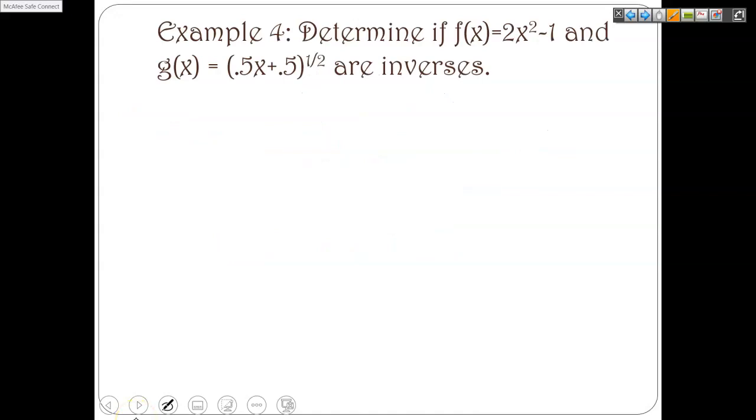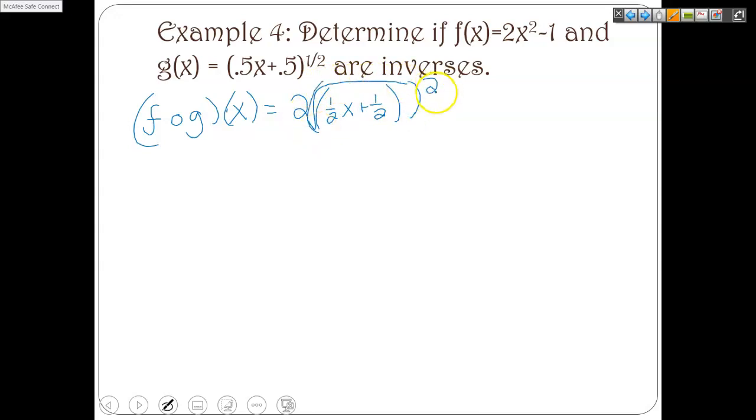f of x equals 2x squared minus 1, and g of x equals (1/2 x plus 1/2) to the 1/2 power. So, f of g of x equals g being plugged into x. Remember, 1/2 power is the same as the square root. 0.5 is the same as 1/2.